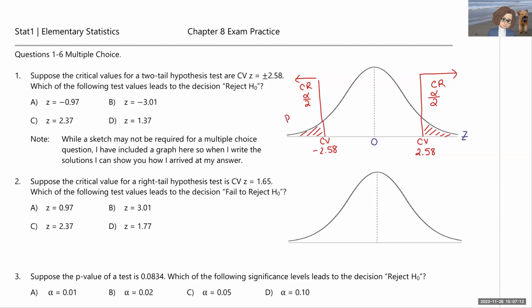And we know that we are going to reject H0 anytime our test value falls in the critical region, also called the rejection region. So then we'll just look at these graphically and see where we are. A test value of negative 0.97, that would not be in the critical region. I'll just label this not the critical region.